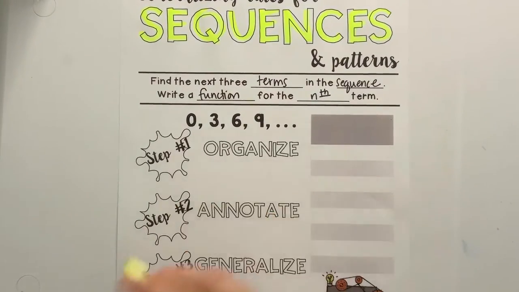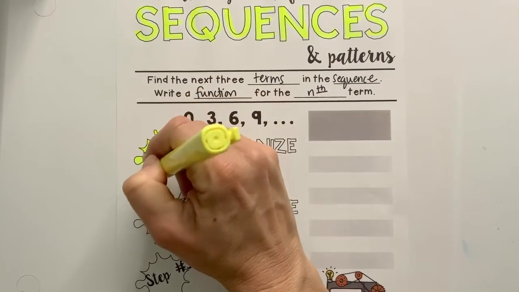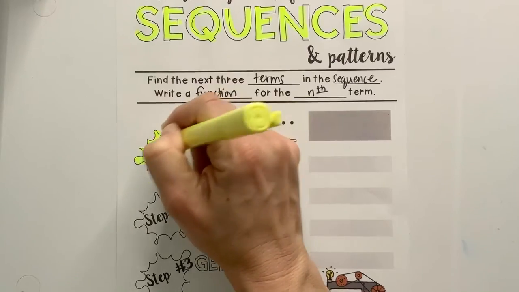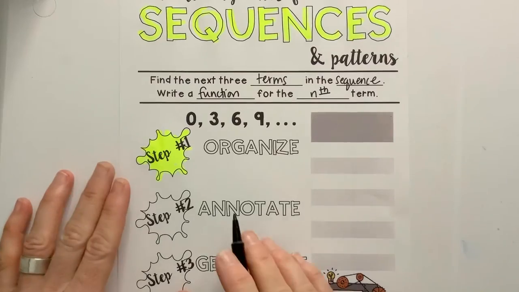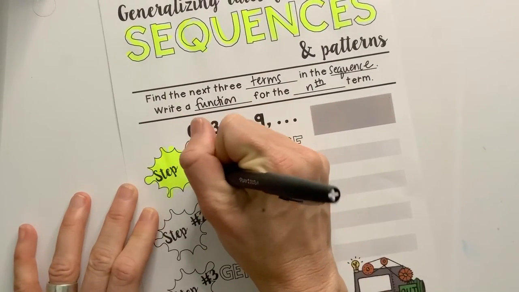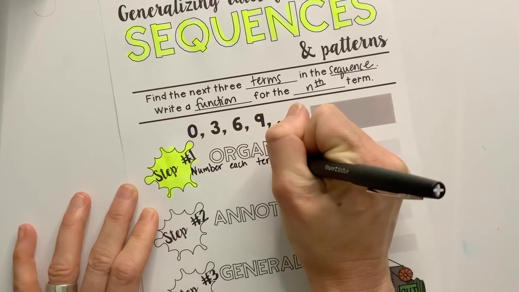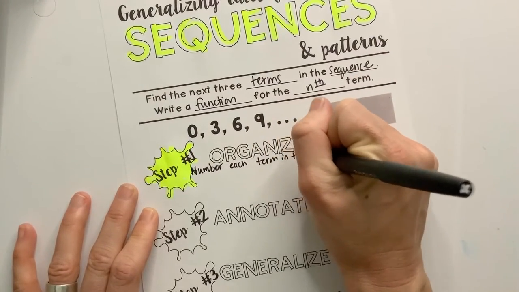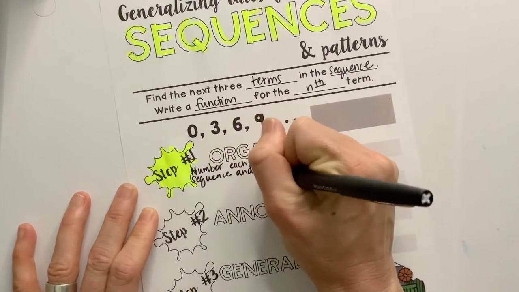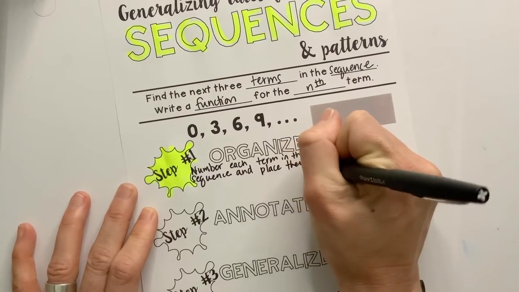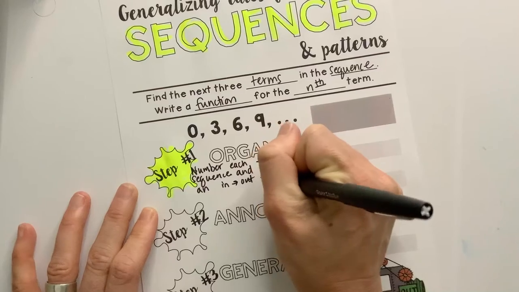So the first thing you need to do when you are finding the rule or the function, step one, is to organize the terms in the sequence. So what you're going to do is number each term in the sequence and place them in an in-out table.